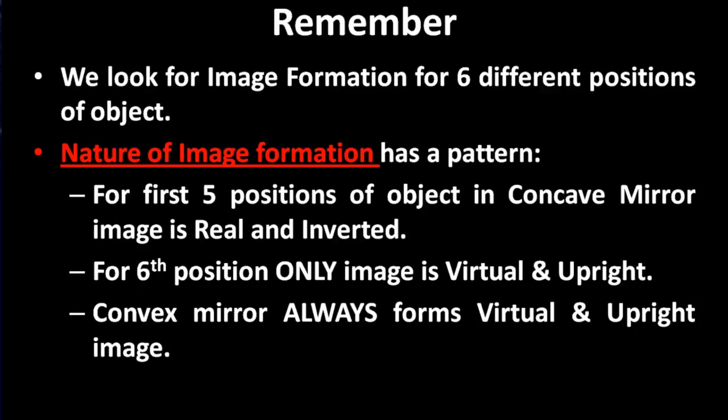For the first 5 positions of object in concave mirror, image is real and inverted. For 6th position only, the image is virtual and upright. But in convex mirror, it always forms virtual and upright image.